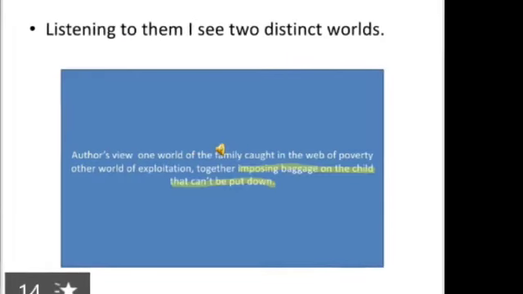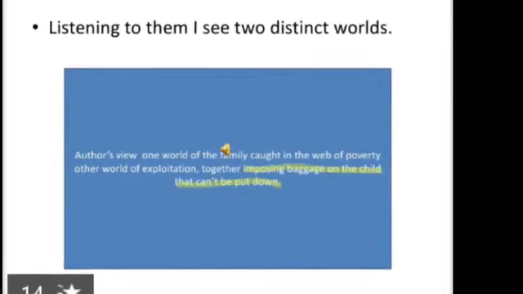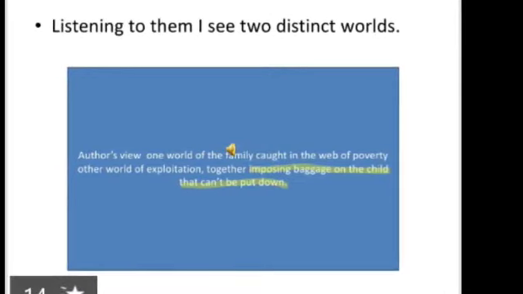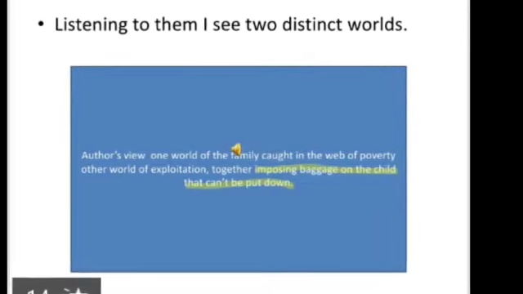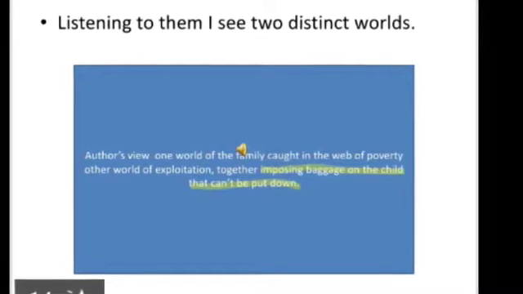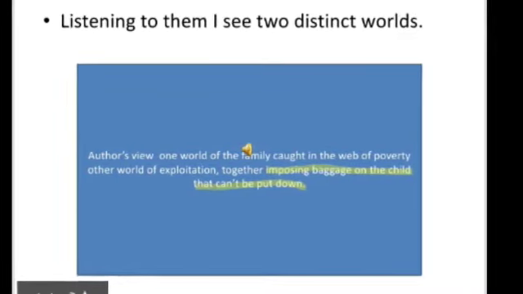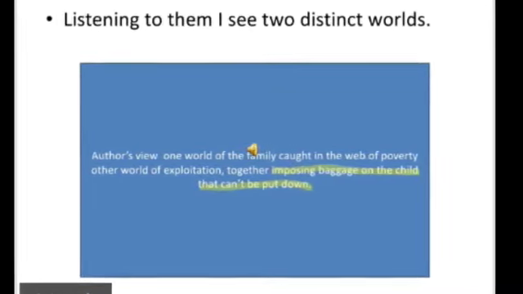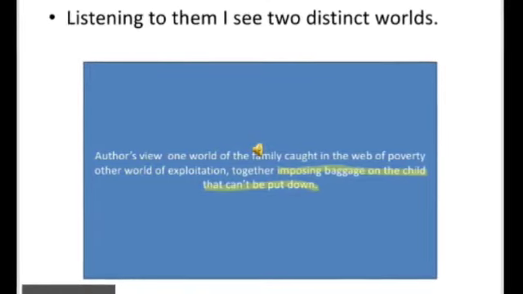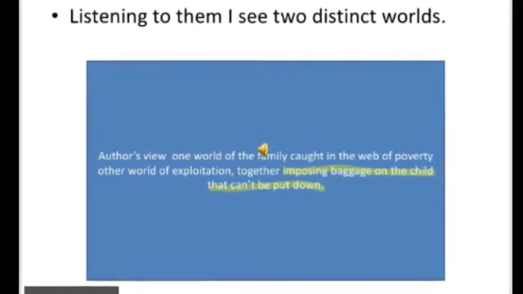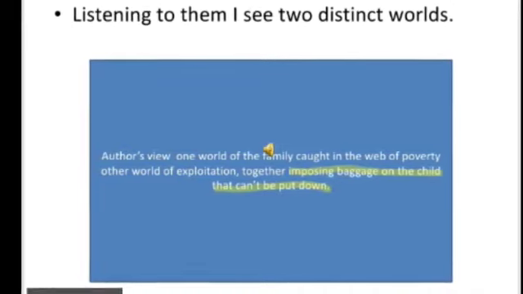The next statement is, listening to them, I see two distinct worlds. This is the author's view. One world of the family caught in the web of poverty, the other world of exploitation. And together, these two worlds are imposing baggage on the child that can't be put down.